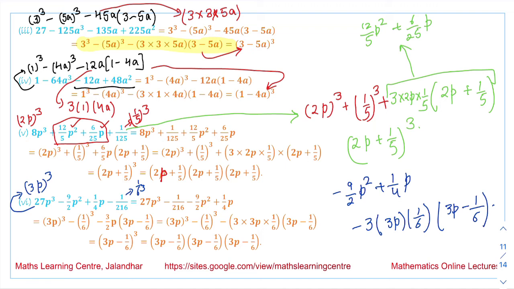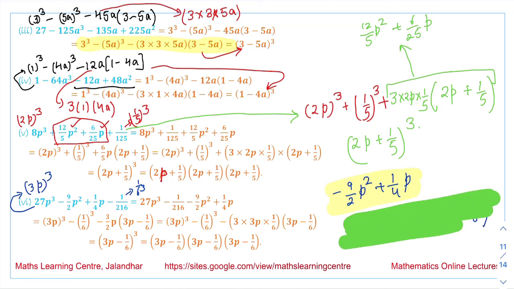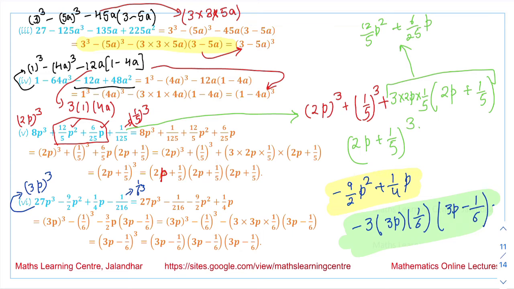We need to check whether this term is equal to this or not. So we can solve this value, and we will see that these two values are the same. So this middle term we can write in this particular form, and we get that the answer is 3p minus 1 by 6 whole cube.